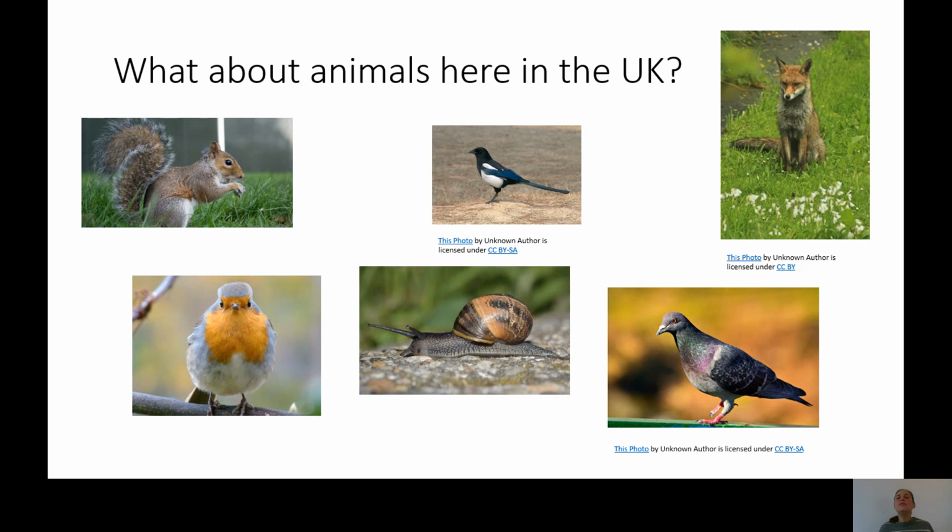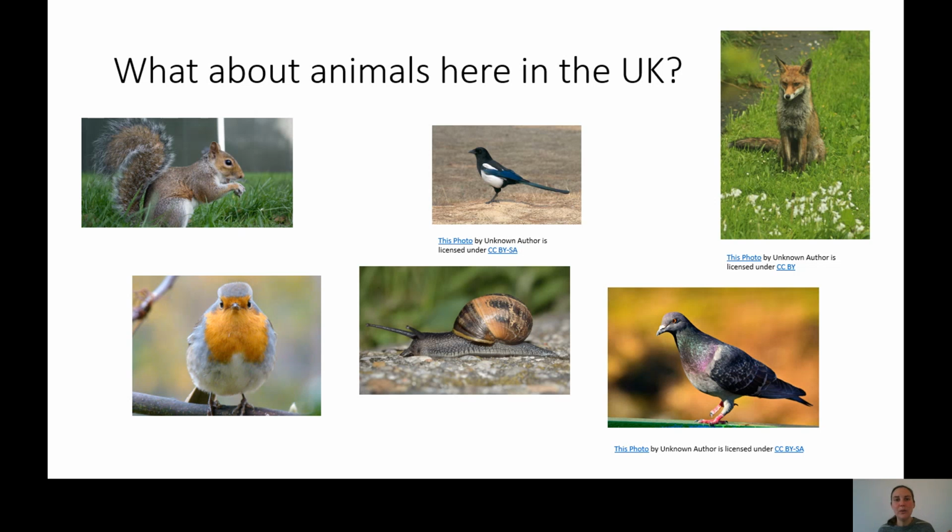So today I'd like us to really think about animals here in the UK. When we talk about adaptations, we often think about polar bears or camels or giraffes. But actually, all animals and plants are adapted to their natural habitat. And we've got lots of animals living in the UK.